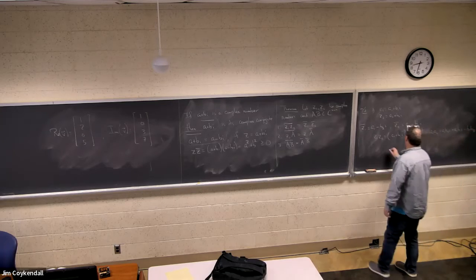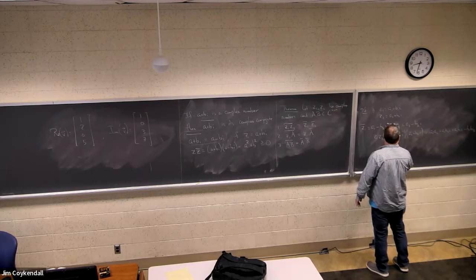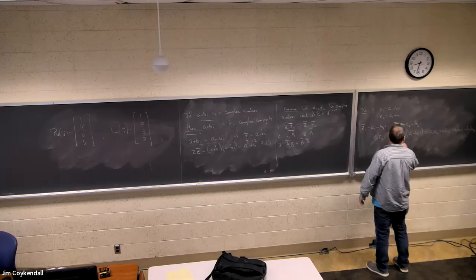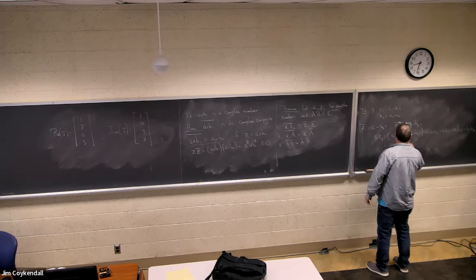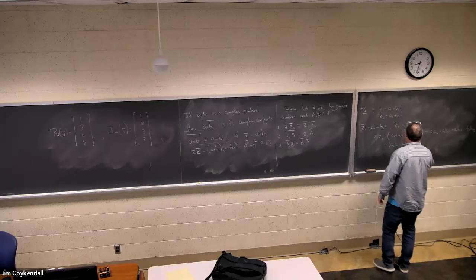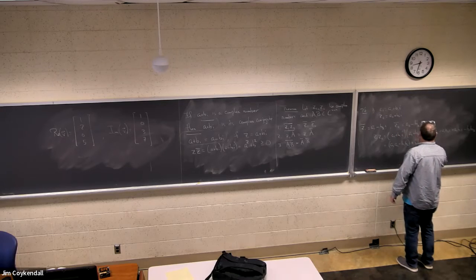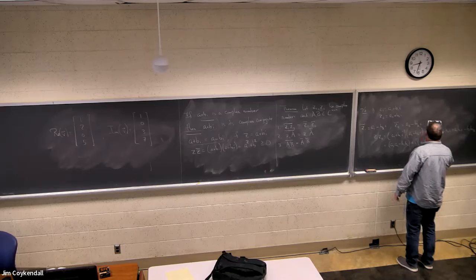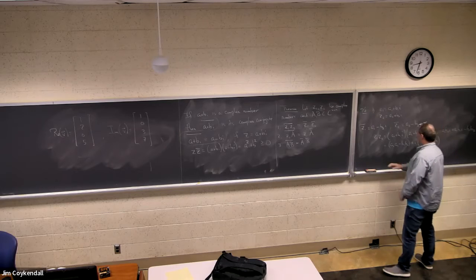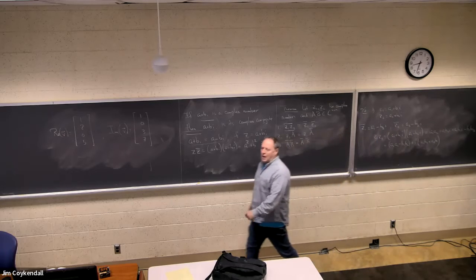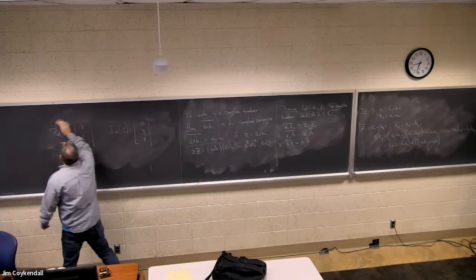So this turns out to be a1 a2 minus b1 b2, plus i times a1 b2 plus a2 b1. Okay, so let's go ahead.